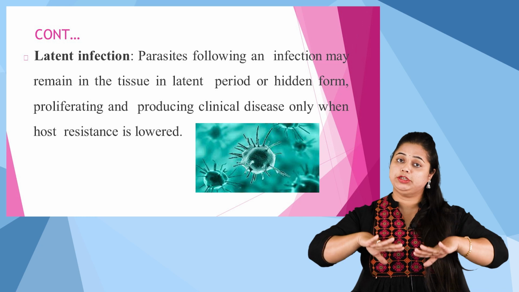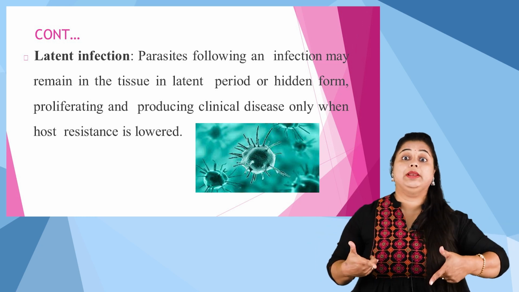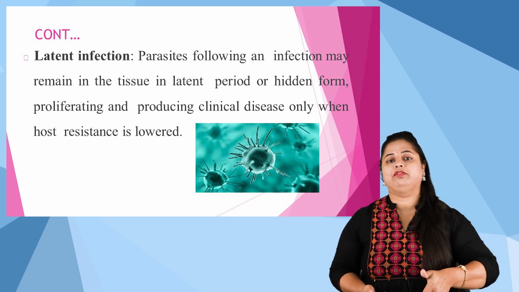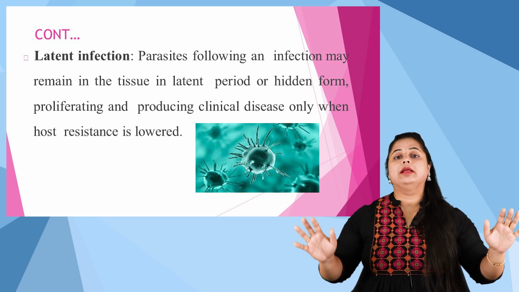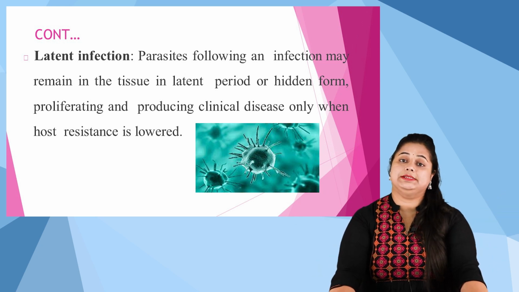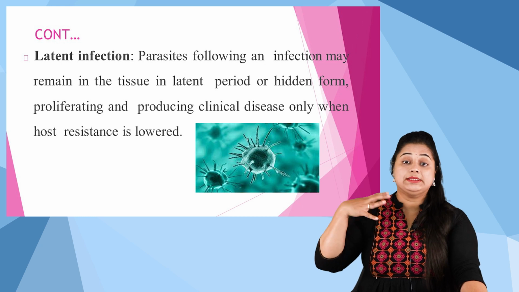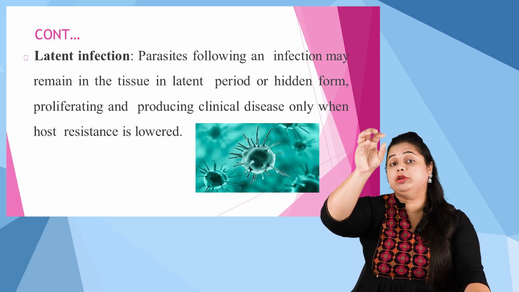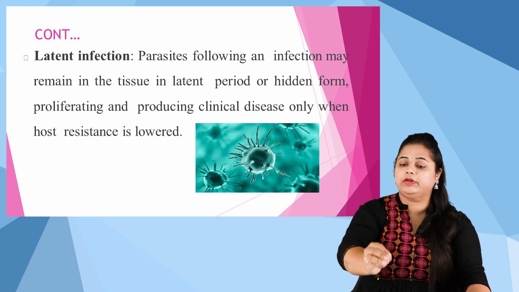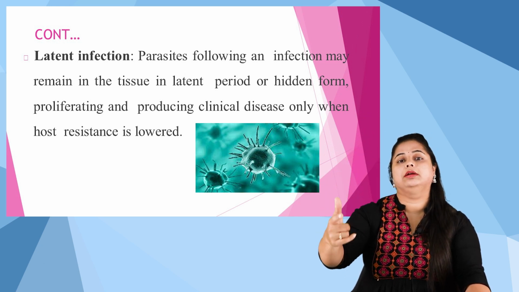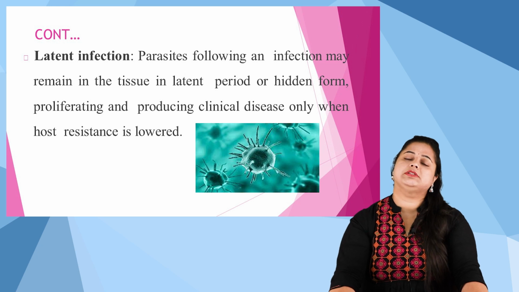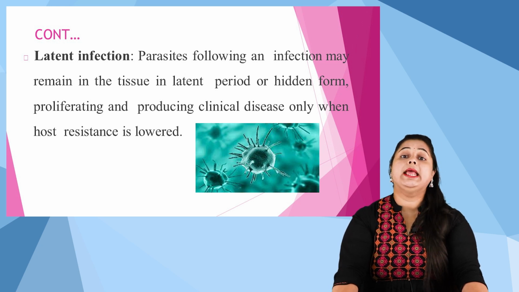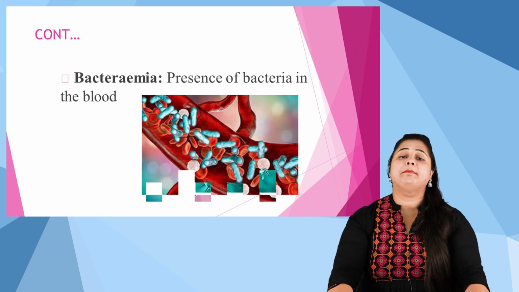When my immunity goes low, suddenly it will get active and cause the infection, and form a new disease. So surviving until the host's immunity, otherwise resistance power, is low, then they will show many symptoms. Such a type of infection is called latent infection.